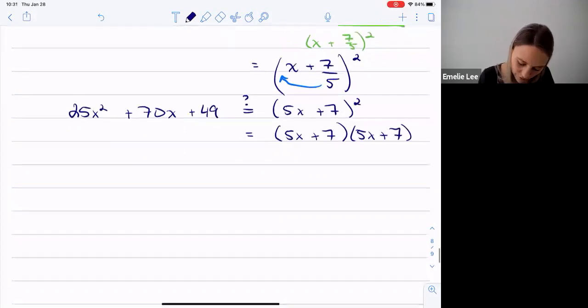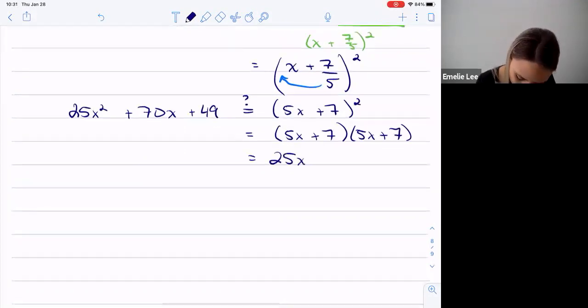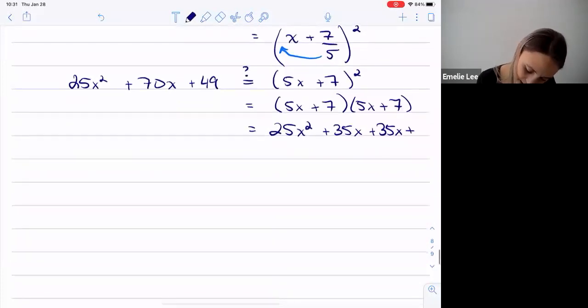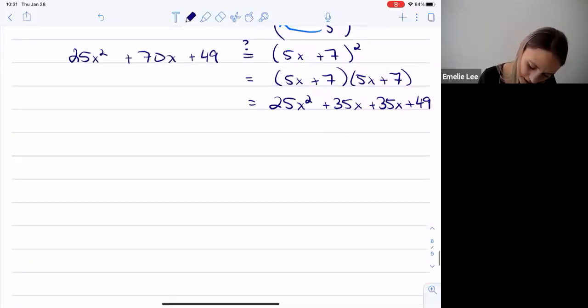5 times 5 is 25. Hey, we're off to a good start here. 5x times 5x is 25x squared. 5x times 7 is plus 35x. And then 7 times 5x is plus 35x. Hey, looking good. Plus 7 times 7 is 49.